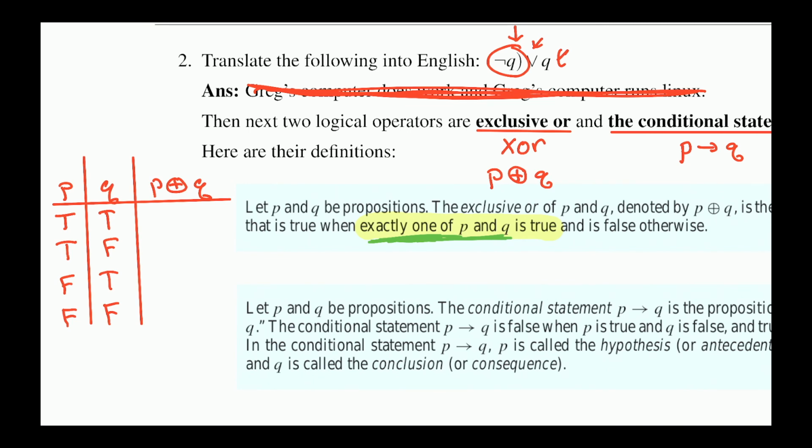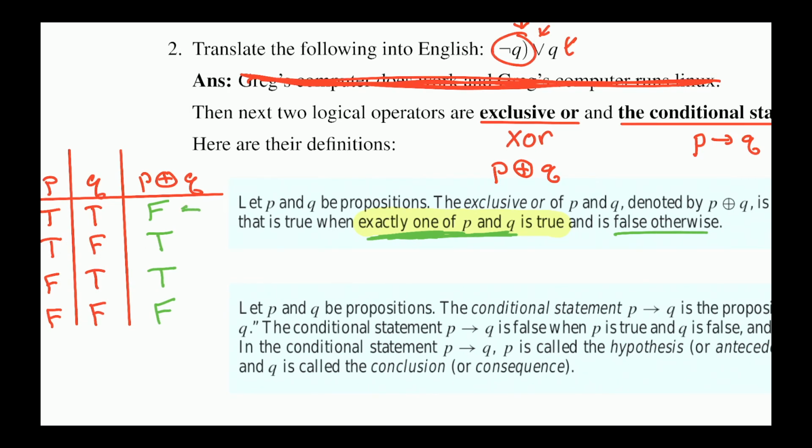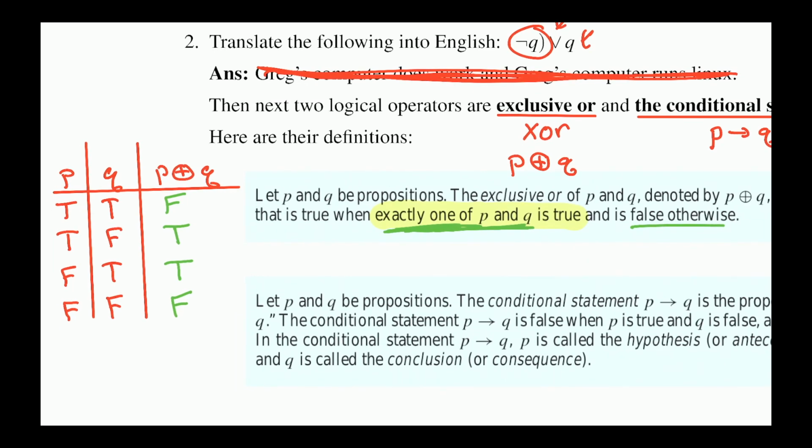So where is one of them true? Here, true, false, and the other one right here, false, true. And it says false otherwise. So false, false. So this is the truth table for exclusive OR. It basically just takes out the true, true case, right? That's what's different between exclusive OR and regular OR. Okay, so that's exclusive OR.